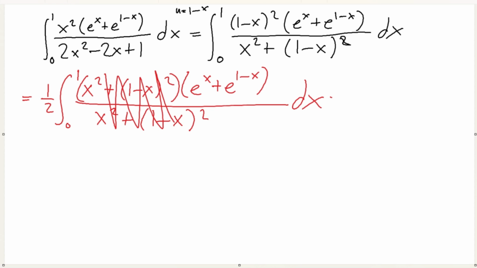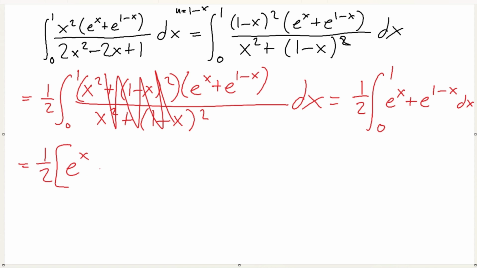So what we actually have is a half of the integral from 0 to 1 of e to the x plus e to the 1 minus x dx. This is equal to a half of e to the x minus e to the 1 minus x, from 0 to 1. Be very careful not to go too fast.